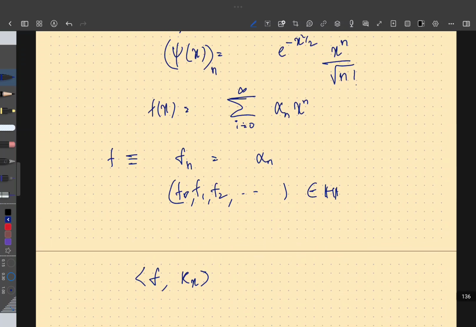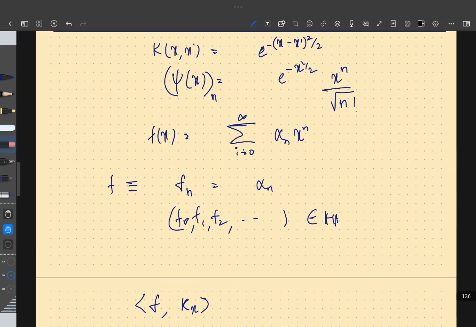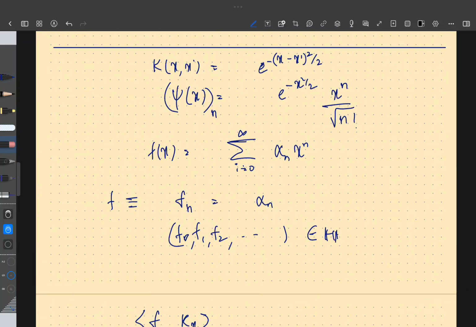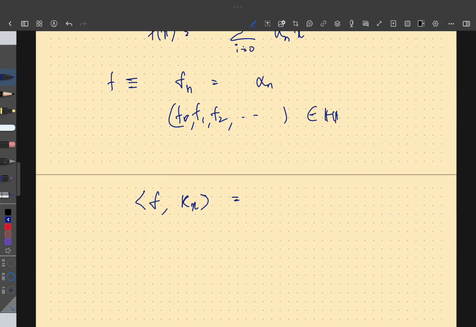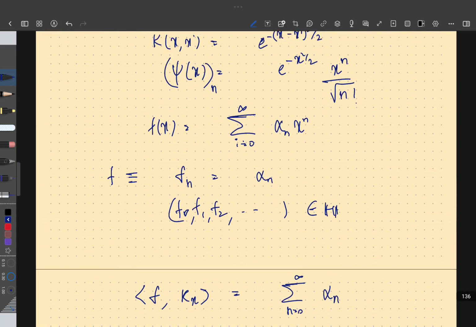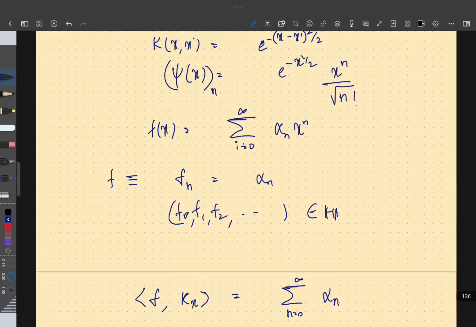Okay, let's see, the corresponding inner product here is the summation to infinity alpha n kx.